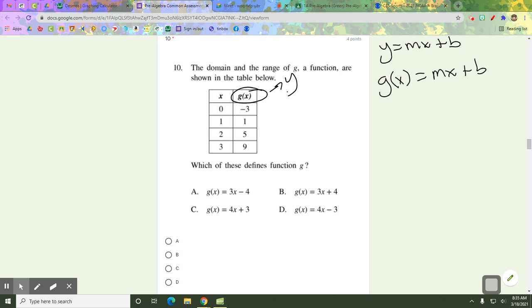That's right. We need y-intercept and slope. What happens at the y-intercept? What's important to know at the y-intercept? What happens with my coordinates? What happens at the y-intercept?